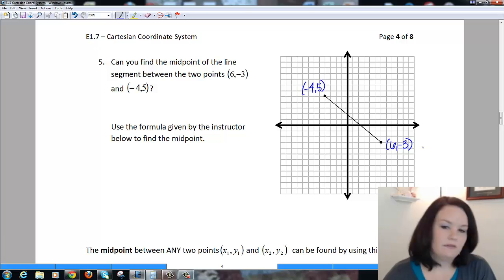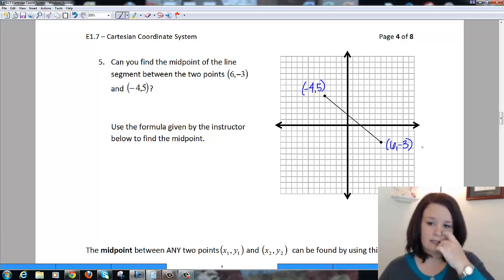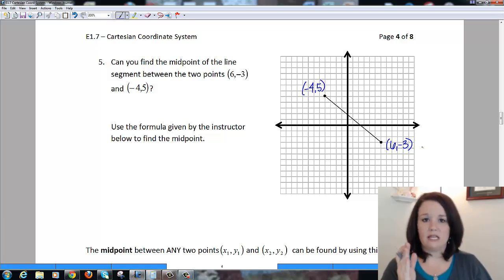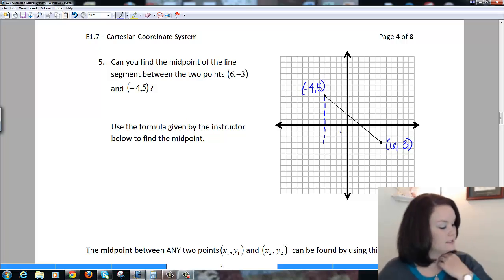If I want to figure out what is my middle value here, since I don't have a straight line where one variable is staying the same, I have to think what is my middle x value and what is my middle y value. So if I look at my y value, I need to know from my y value at the top at 5 all the way down to my y value of -3, what would half of that distance be?